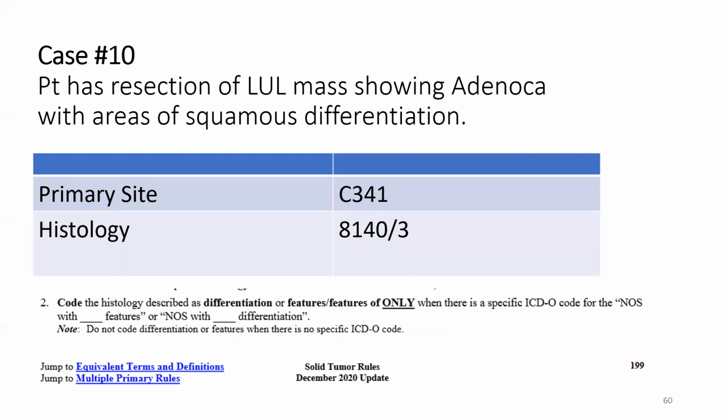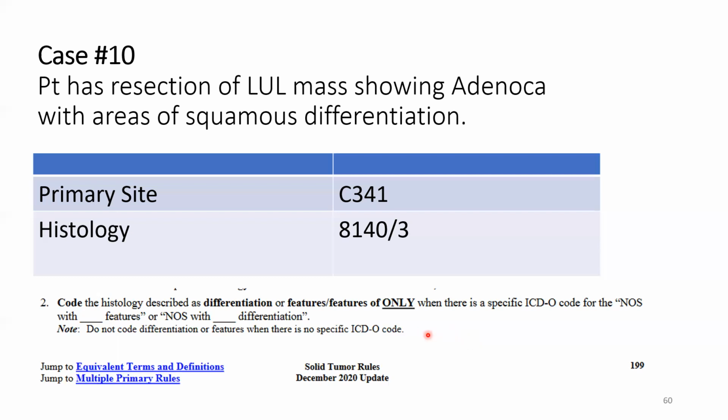Looking back at those rules right before the H rules start, remember we have some terminology rules, and this one here at the bottom says code the histology described as differentiation or features only if there's a specific ICD-10 code for the NOS with NOS differentiation or features. Do not code differentiation or features when there's no specific ICD-10 code.